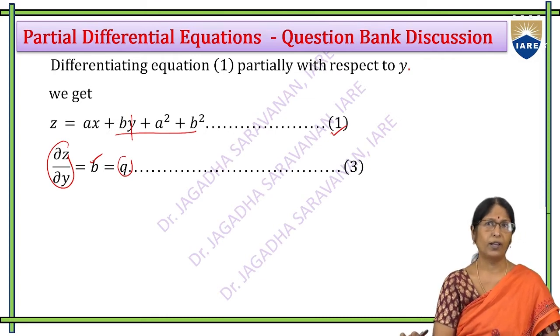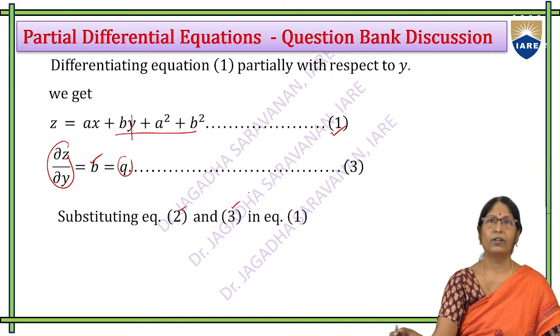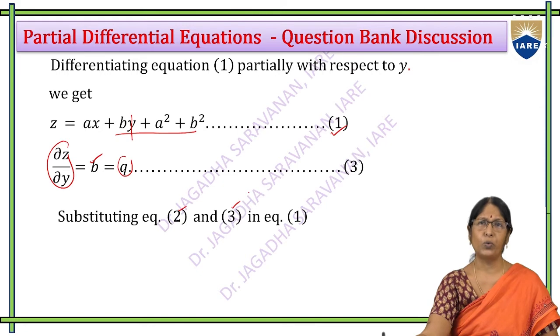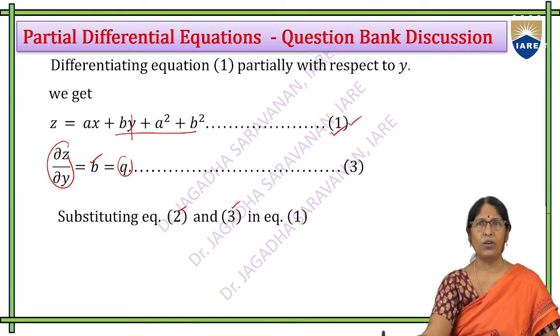Our question is to form the PDE by eliminating the arbitrary constants. Now, what we obtained: equation 2, p equal to a. Equation 3, q equal to b. These both we are going to substitute in our given equation, which we already named 1.